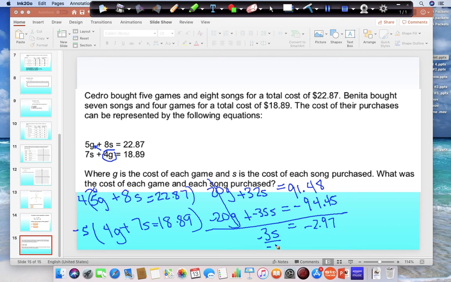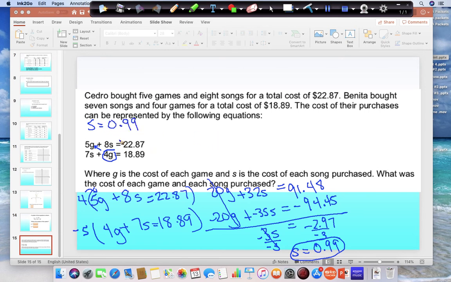We're going to divide both sides by negative 3. We're left with S is equal to 99 hundredths. Okay, so we know that S is equal to 99 hundredths.